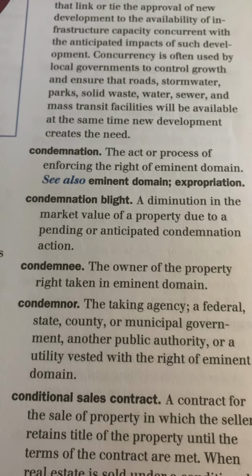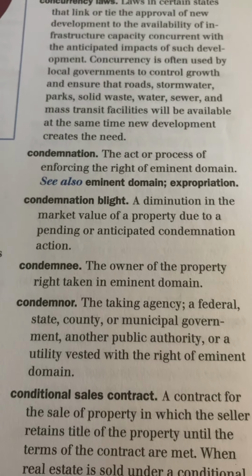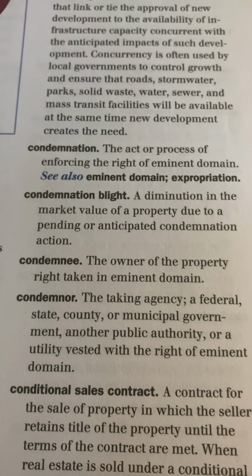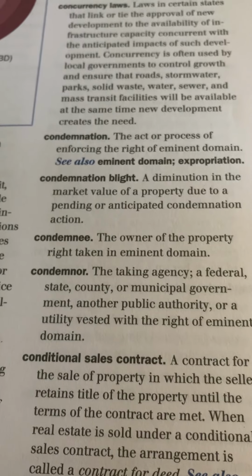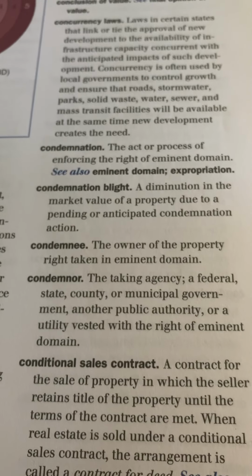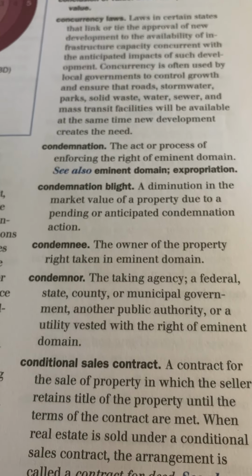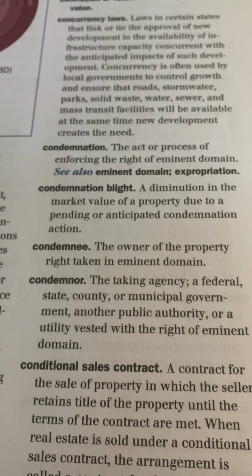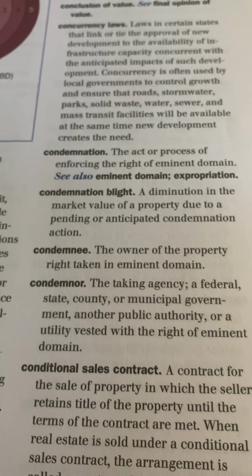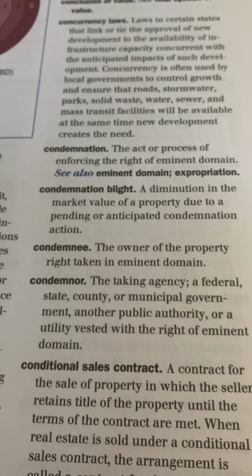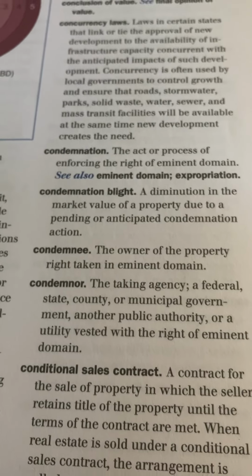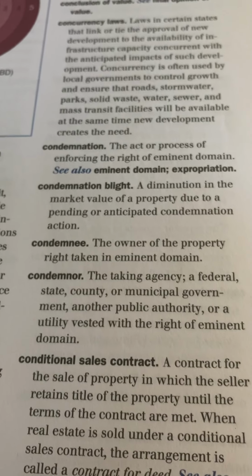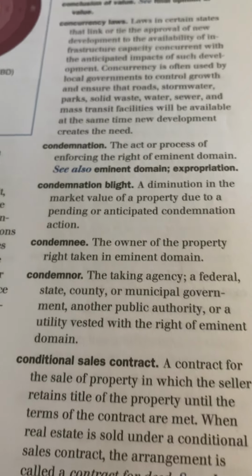Condemnee. The owner of the property right taken in eminent domain. Condemnor. The taking agency, a federal, state, county, or municipal government, another public authority, or a utility vested with the right of eminent domain.